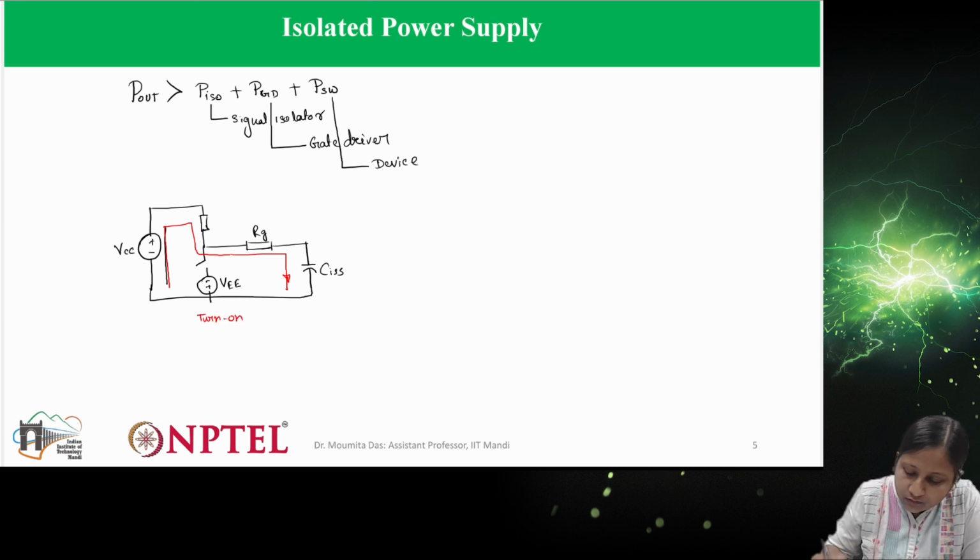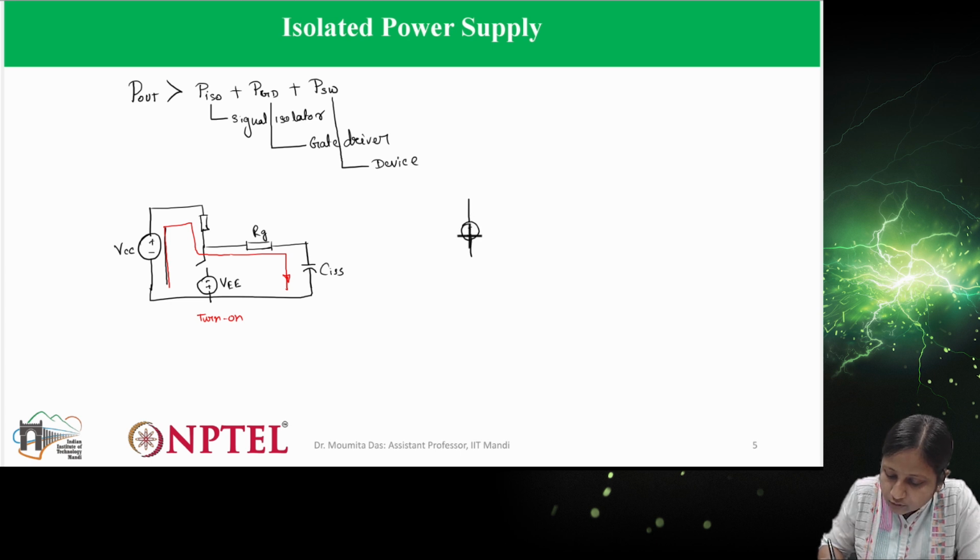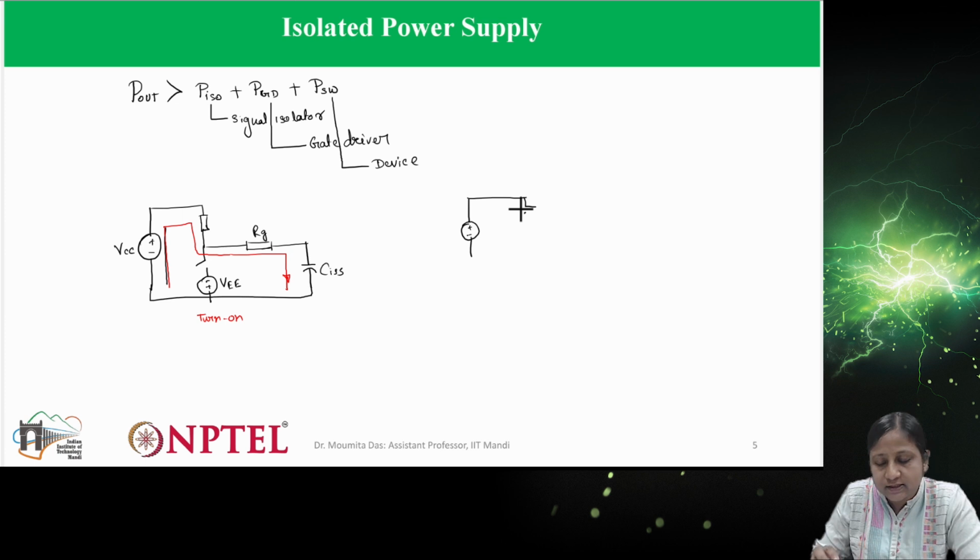Now during turn off time, this positive supply will not supply power to the input capacitor. Basically in this time the input capacitance should discharge, and until and unless this CISS is discharging, the device will not turn off.